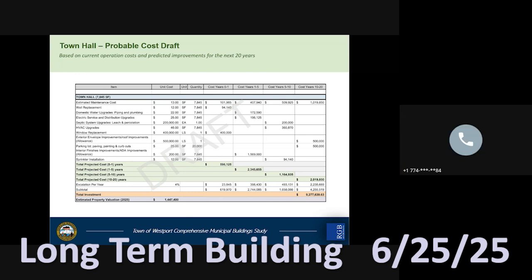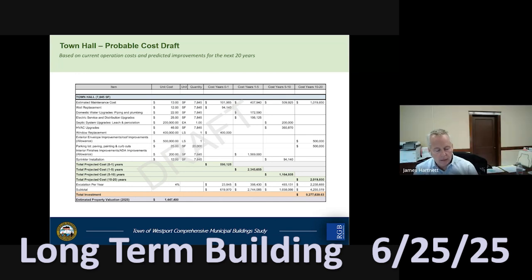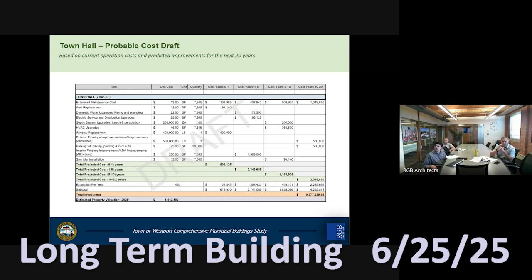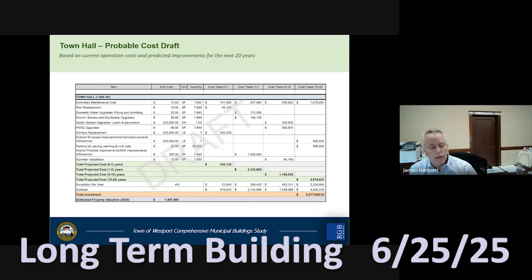So on that point with the town hall, I'm not sure if this is included in the comparison, but if we're going to do apples to apples, comparing building a new facility up there on Main Road with adding on to the town hall, we would have to include the rehabilitation of the existing town hall as well, in order to have a fair comparison.